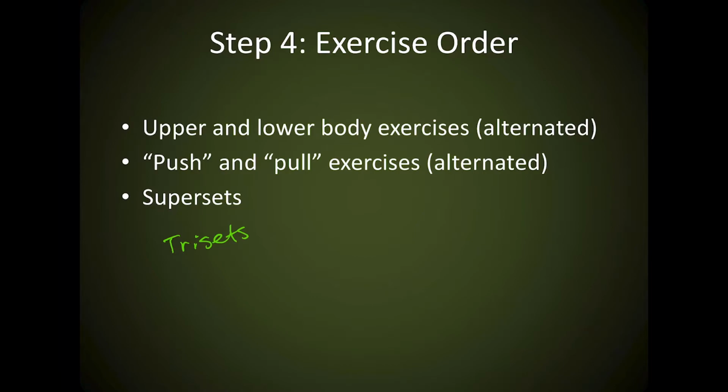Most of the time, the supersets are the most common, just because it's a good way of doing the push and pull type of isolated exercises. Usually supersets aren't done with the power and core exercises. Those are mostly accomplished by themselves. And then with the assistance exercises, some of the supersets can be applied.